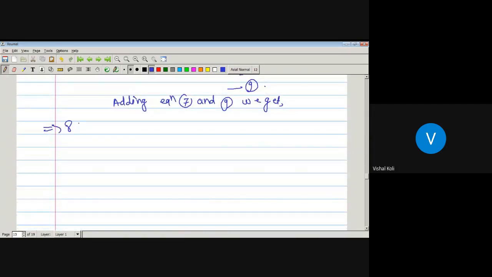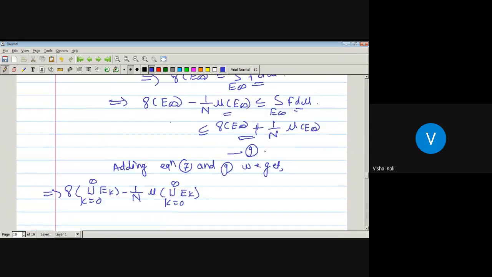gamma of the union over k running from 0 to infinity of Ek minus 1 by n measure of the union over k running from 0 to infinity of Ek, and in that we have to add equation 9. What is equation 9?